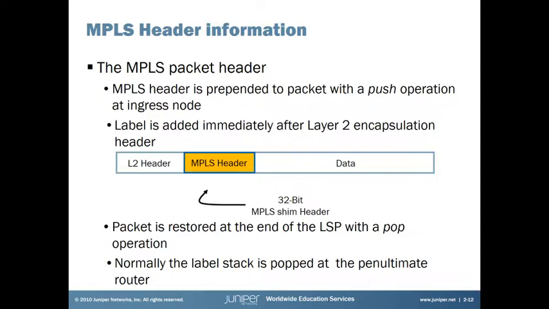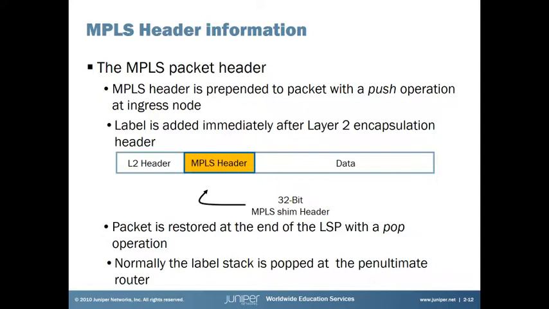So here's our frame, and into our frame we put this MPLS header, the main part of which is a label value. It's referred to as a shim header, so it's a very small header. The operation of inserting the header is called a push operation. So the function of putting the header into the frame is called a push operation.